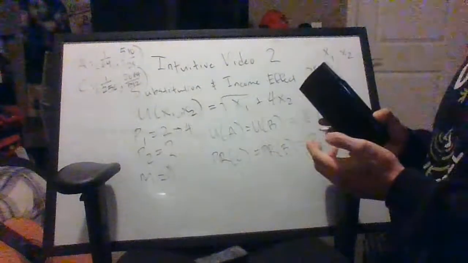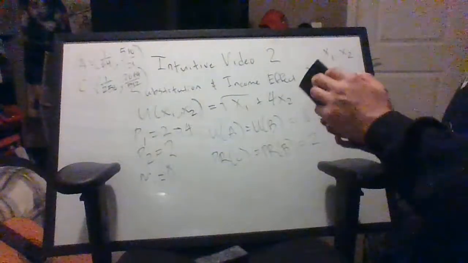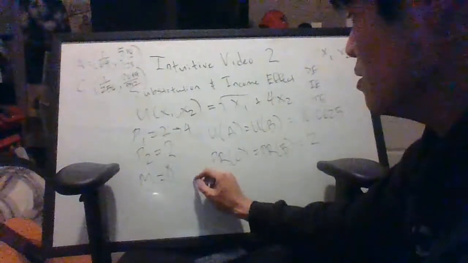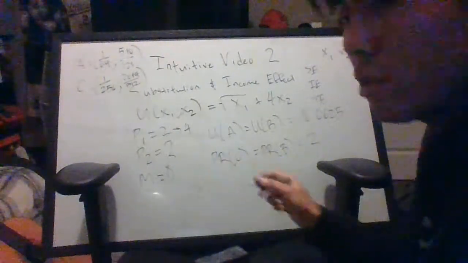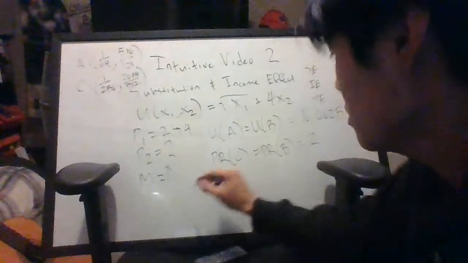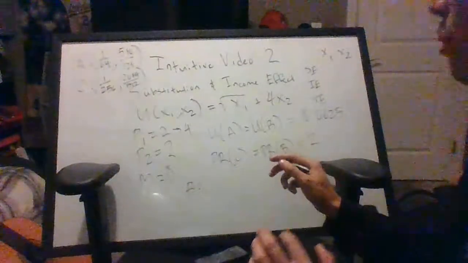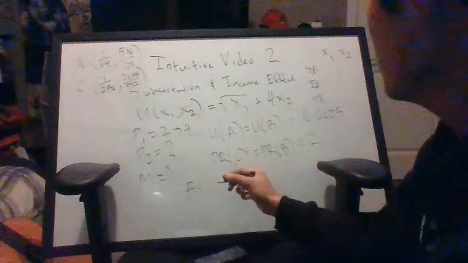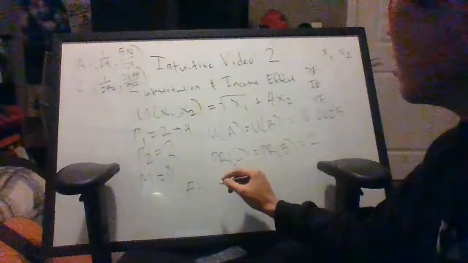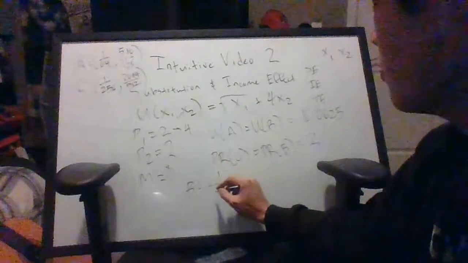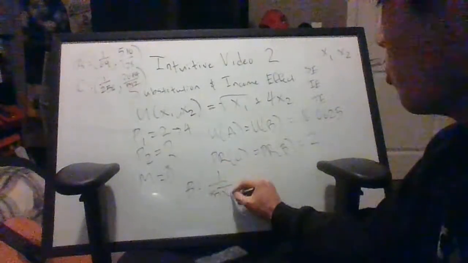So why is this important? Well, we know that at point C, or at point B, I mean, and I apologize if my marker looks like it's dying a little. It is. At point B, we're still going to have the same MRS, which, if you remember, is 1 over 8 times the square root of x1.